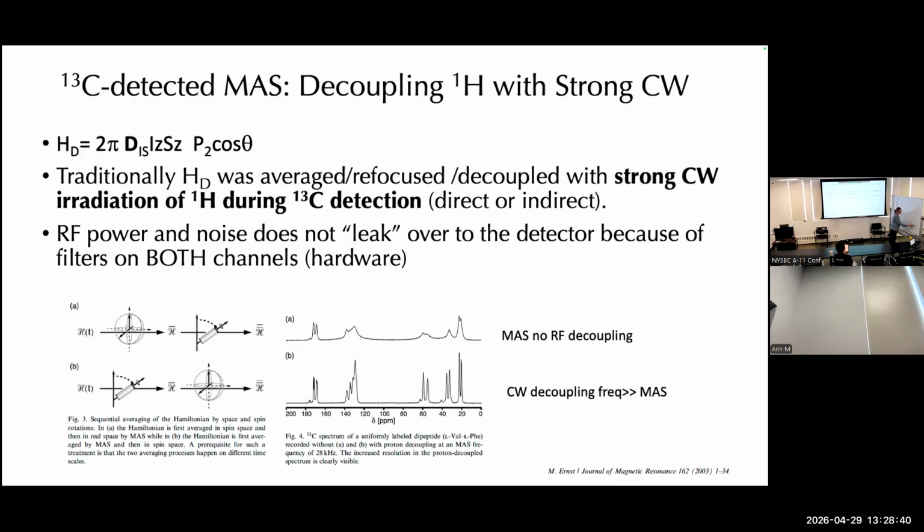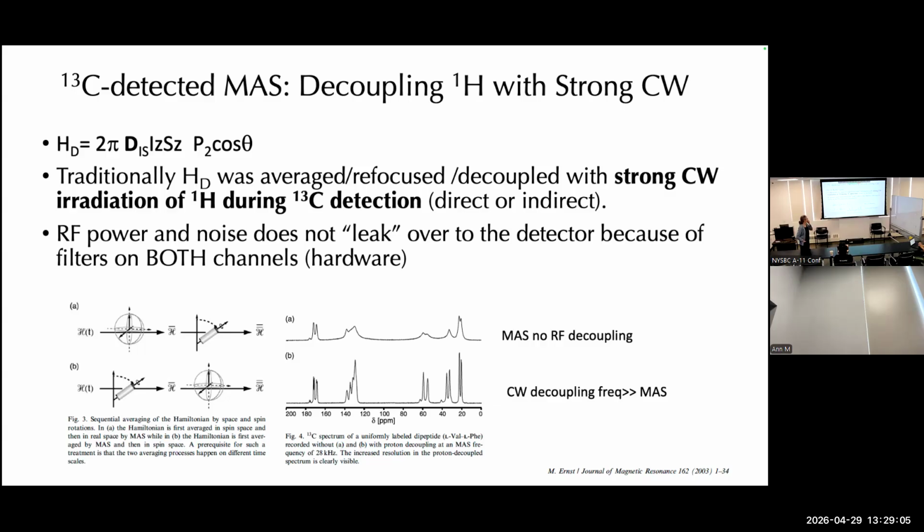So if I come in on the proton side and put a whole bunch of RF directly on the same coil where I'm going to hook up a receiver, we use filters on both channels so that the proton irradiation is not giving you anything at carbon, and the carbon receiver is not listening to anything at the proton frequency.